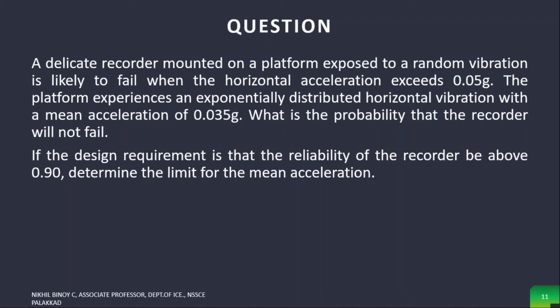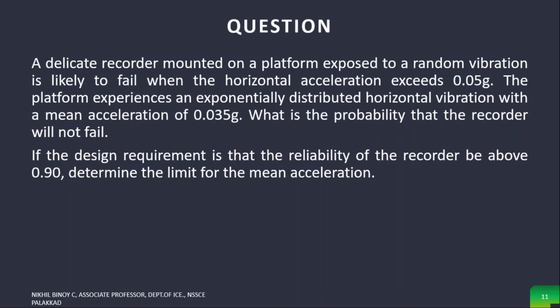Here they are asking the reliability, meaning the probability that the recorder will survive. This question has two parts. In the second part, the design requirement is that the reliability of the recorder be above 0.9.